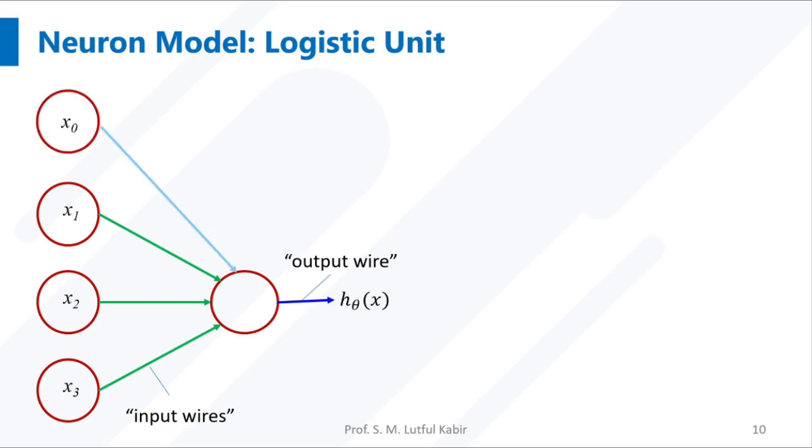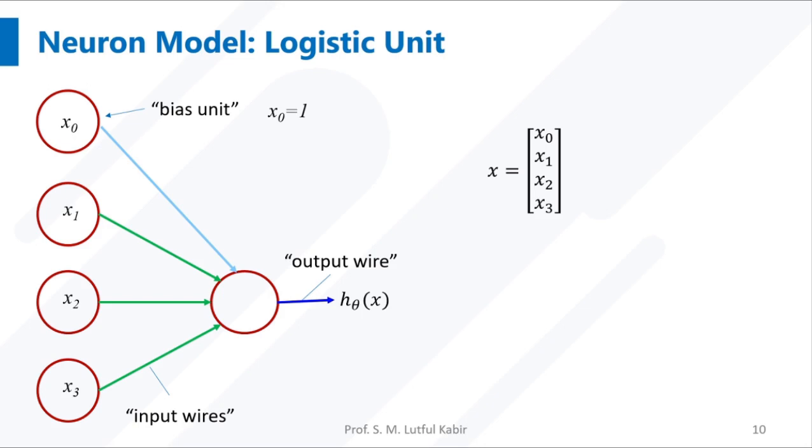We add the bias unit, which is x0, and this x0 is always equal to 1. As usual, the x vector is the input vector containing x1, x2, x3, and also the bias unit x0. This is very simplistic; rather, we call it a vastly oversimplified model of the neuron in the brain.